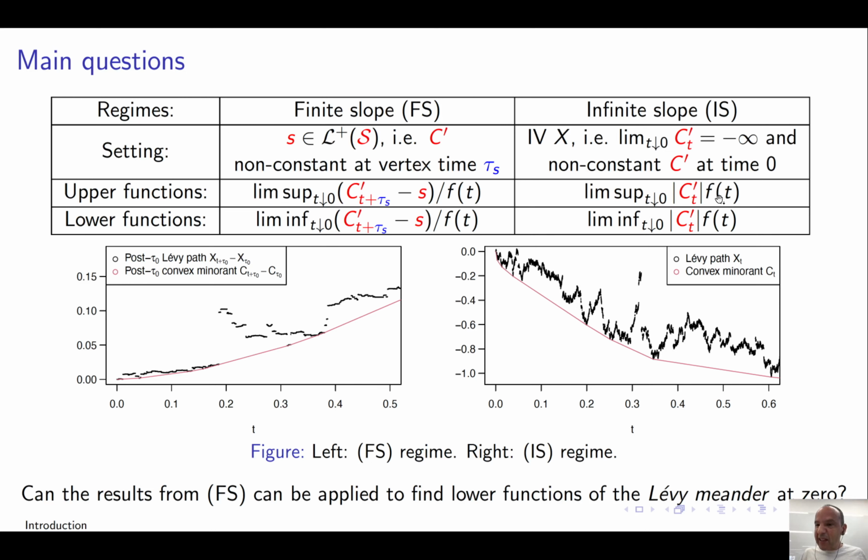So again, I multiply it with some function f that goes to zero at zero, typically a regularly varying function with positive exponent, and I want to understand when these lim sups are finite and infinite. There's going to be some interesting diagonal relationship between these two things, which is slightly unexpected.